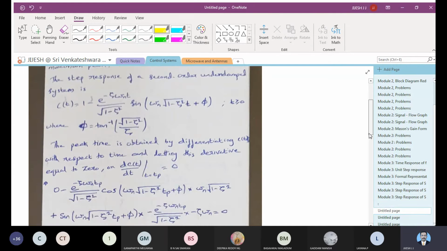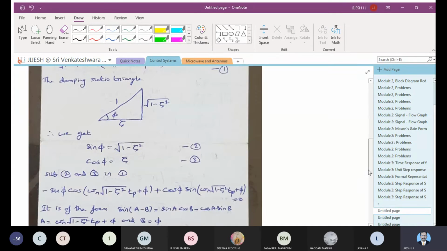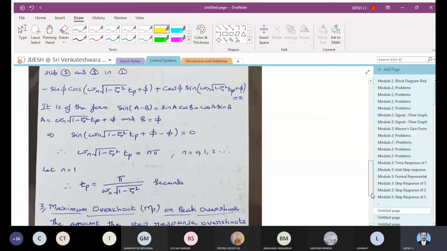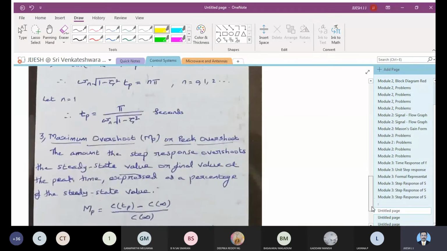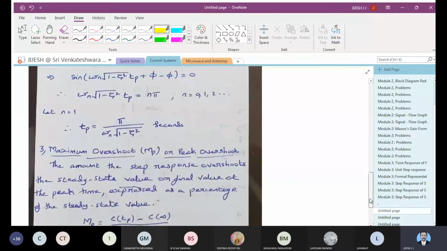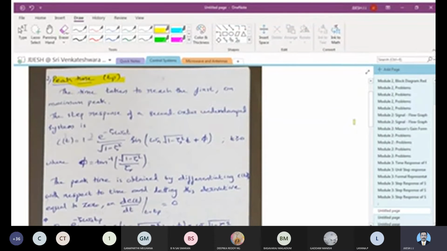Everything you have to write for the time response specification for a second order system, or they may give one problem to find rise time, peak time, settling time, maximum overshoot and so on. Anything can be asked, but it is usually an important question.